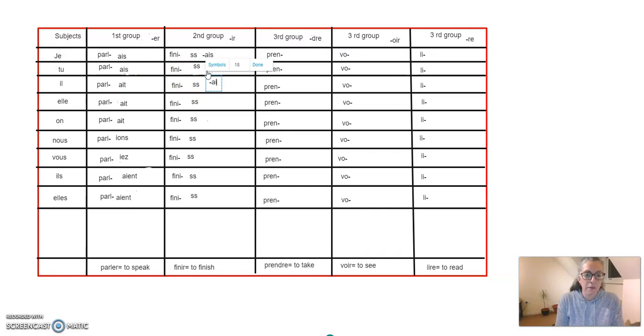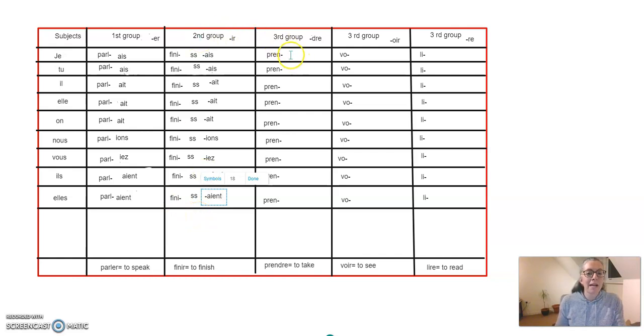So AIT for il, AIT for elle, AIT for on, IONS for nous, IEZ for vous, and AIENT for ils, and AIENT for elles. So that was for the verbs of the second group.